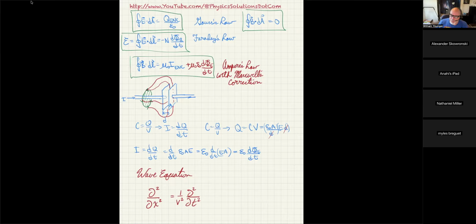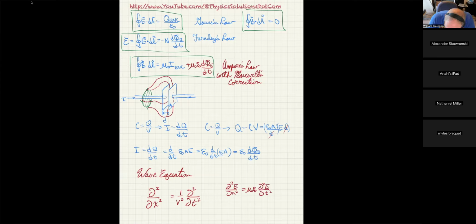When Maxwell put his equations together, he actually got two of them. He got the second partial of E with respect to x squared equals mu 0 epsilon 0 times the second partial of E with respect to t squared.